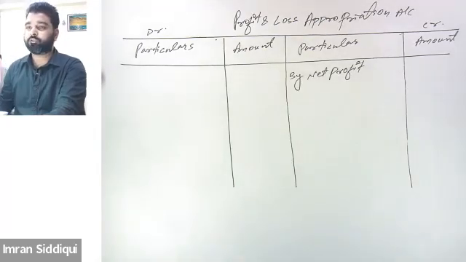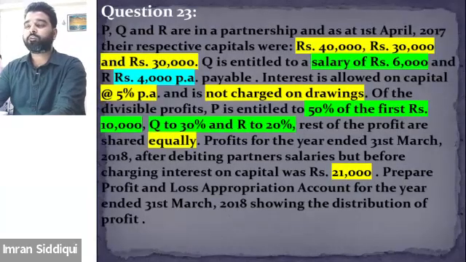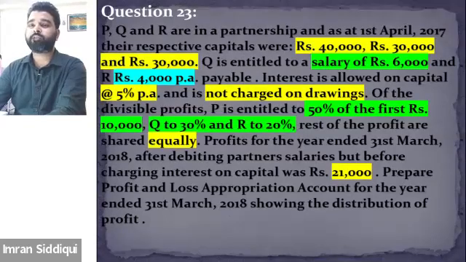salary of the partners. Now see, in this question, the problem is that profit is given to you, right? Profit for the year ended 31st March is 21,000. It is given in the question. But the statement is saying that profit for the year ended 31st March 2018 is after debiting the partner's salary, but before charging interest on capital.